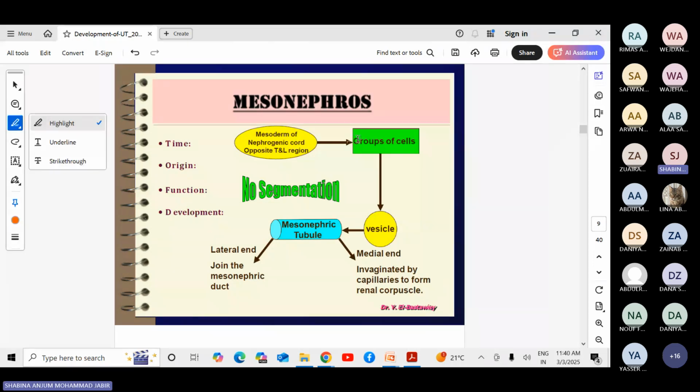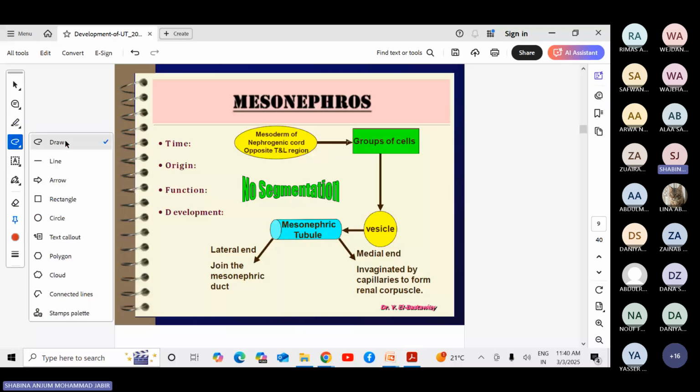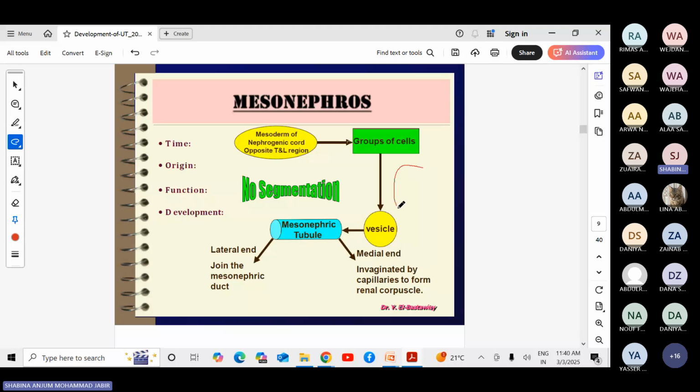when the kidney is developing, it will develop from two sources, right? So this is our kidney. Here we have the nephrons, right? And here we have the ureteric bud with its calyces, right?